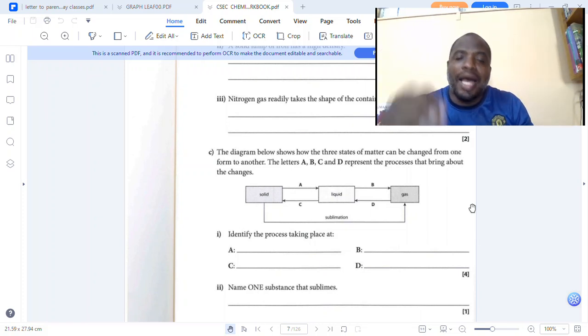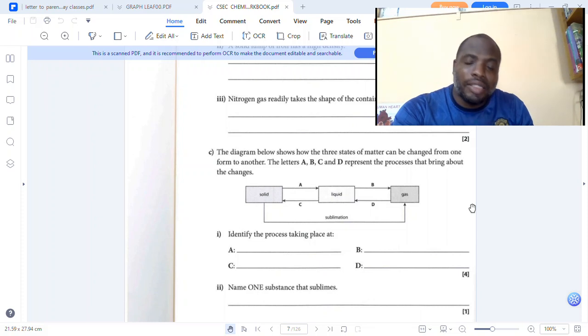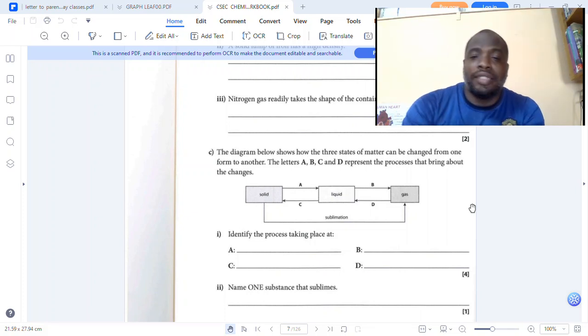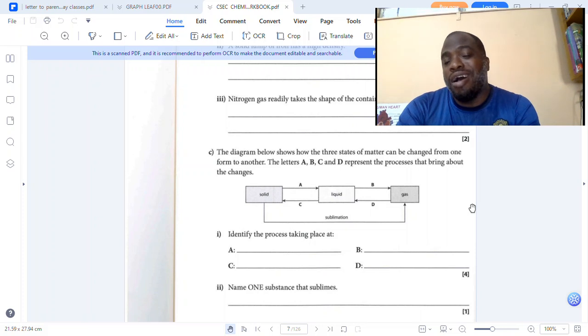Boiling has to happen at a particular temperature, and so in chemistry here we mention boiling point. So boiling point is that point where you have that constant temperature while a liquid becomes a gas. As a matter of fact, if you talk about pure water, we know that pure water boils at 100 degrees Celsius.